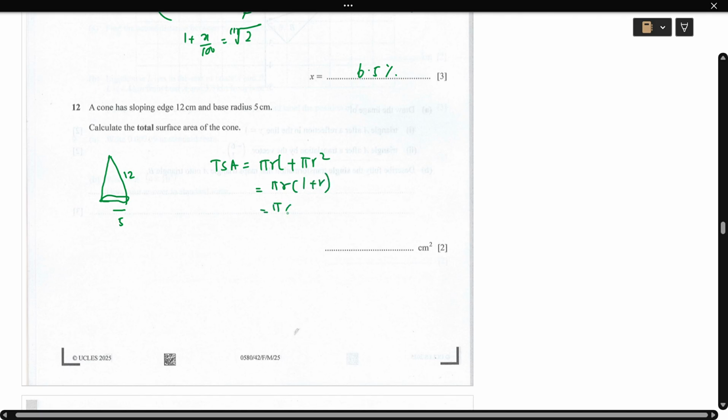So pi times 5 times (12 plus 5), which is 5 pi times 17. When we calculate, our answer is going to be 267.04.